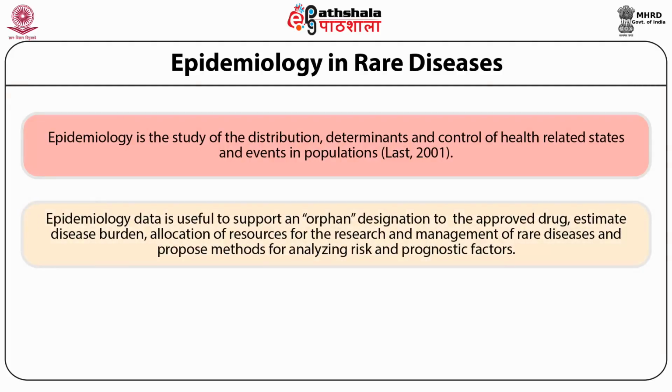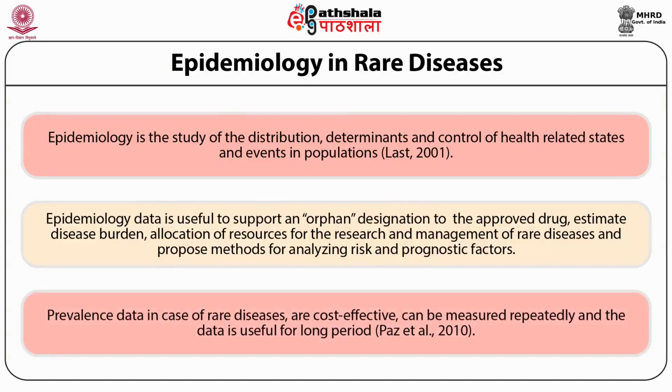Epidemiology data is useful to support an orphan designation for an approved drug, estimate disease burden, allocate resources for the research and management of rare diseases, and propose methods for analyzing risk and prognostic factors, drug efficacy and efficiency, and social modifiers of disease.